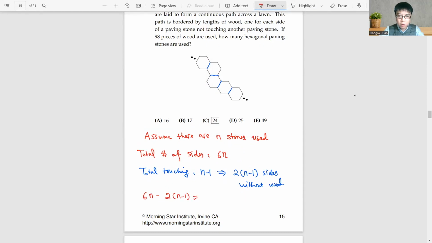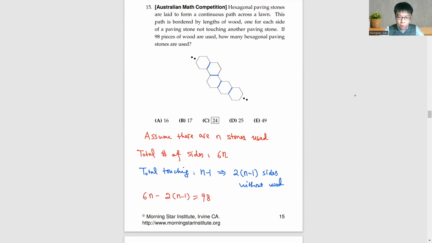This corresponds to 98. And accordingly, we have 4n plus 2 is 98, so n equals 24. The answer here is C, 24.